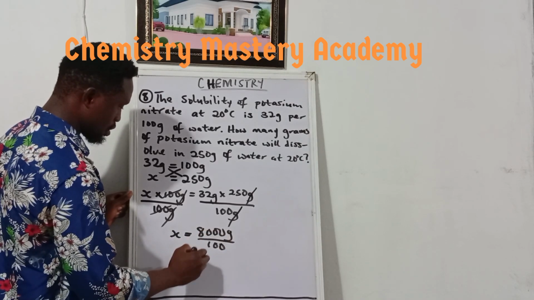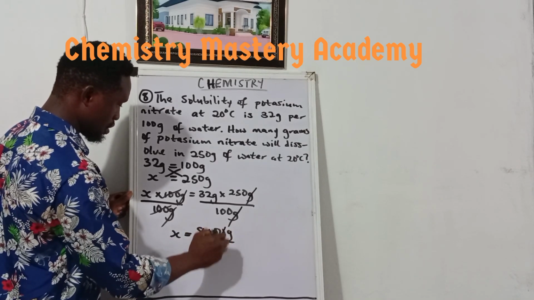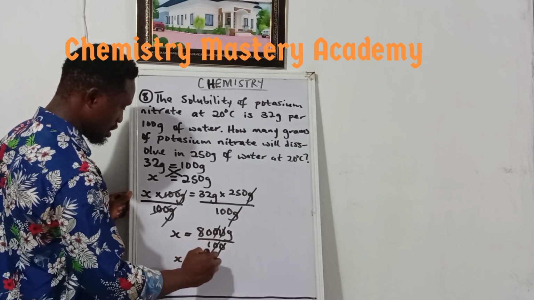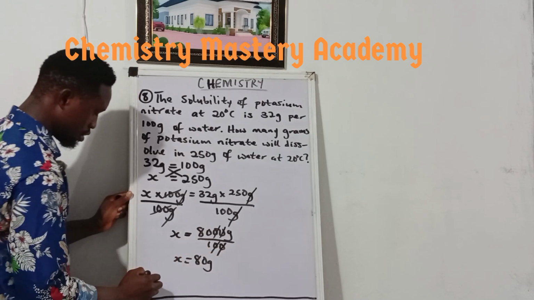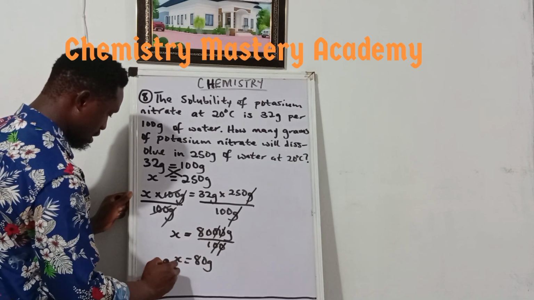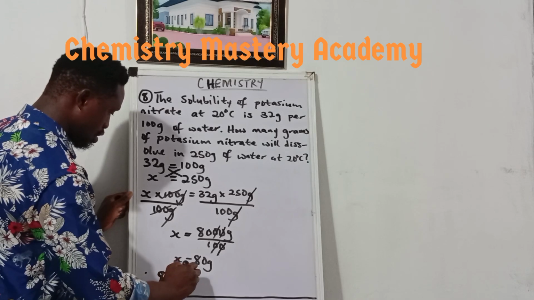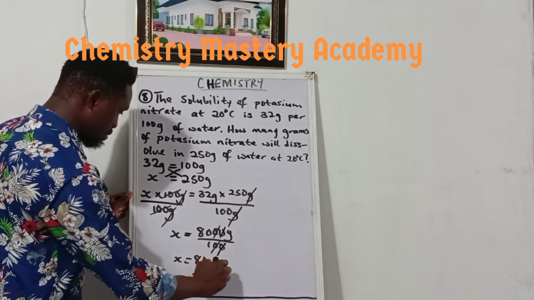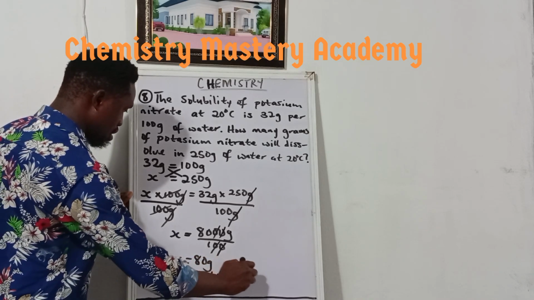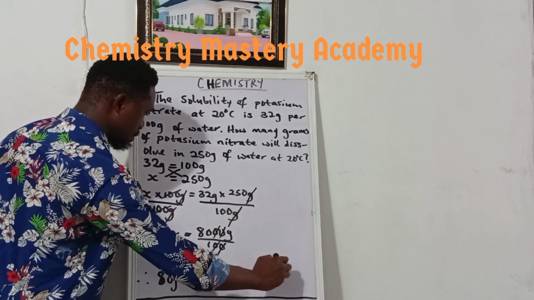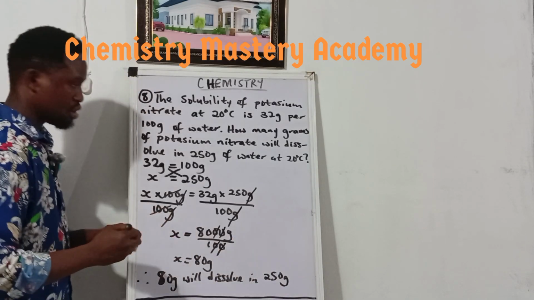So x is equal to what? 0 cancels 0, 0 cancels 0. We're left with 80 grams. Therefore, 80 grams will dissolve in 250 grams. Is that clear?